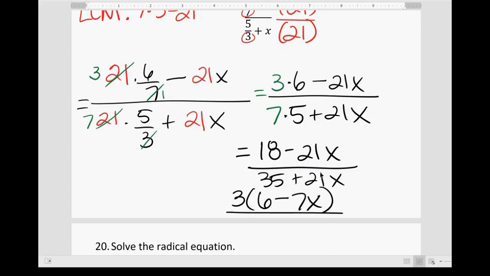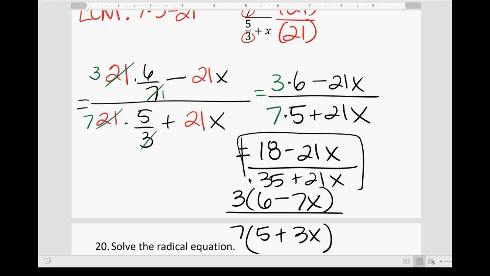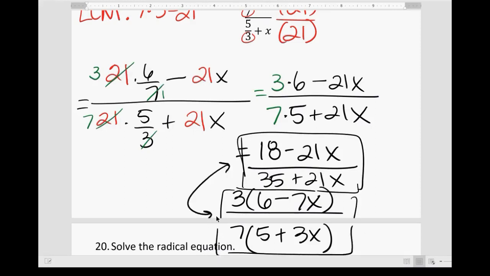And if I factor out a 7 in the bottom, I have 5 plus 3x in the bottom. That doesn't give us anything that we can cancel out. So we could have left it here or here. Both of these actually are mathematically correct. They're both correct.